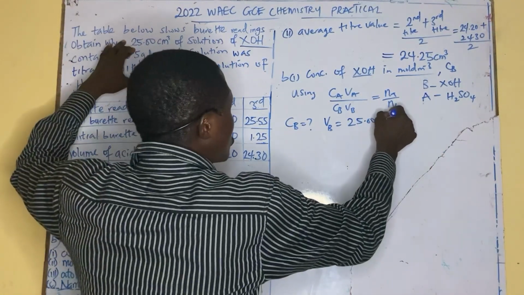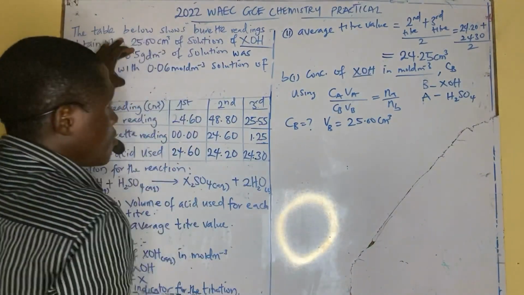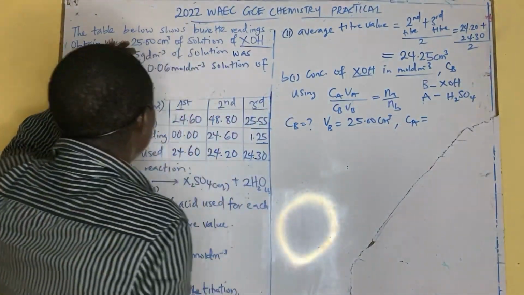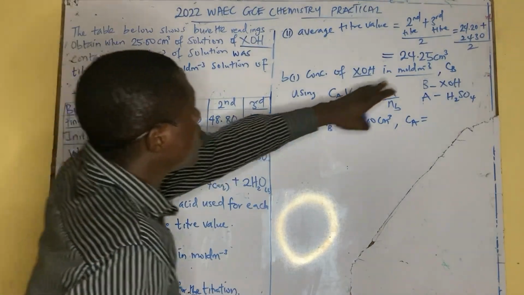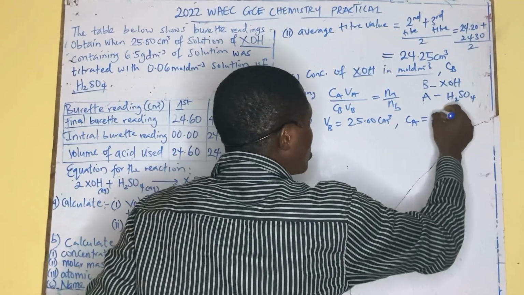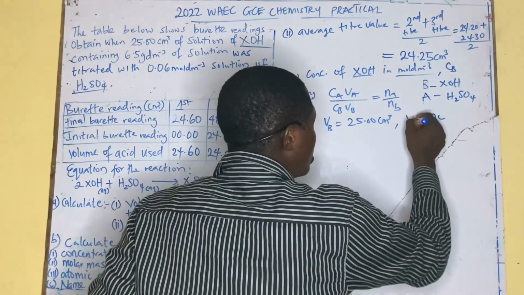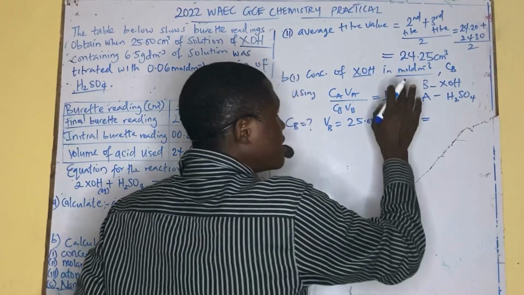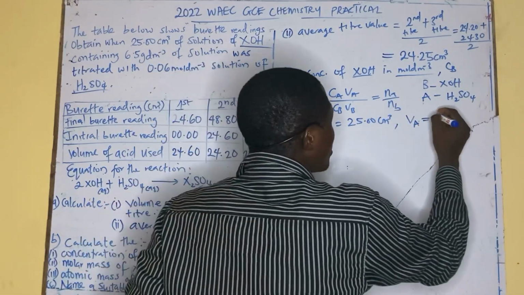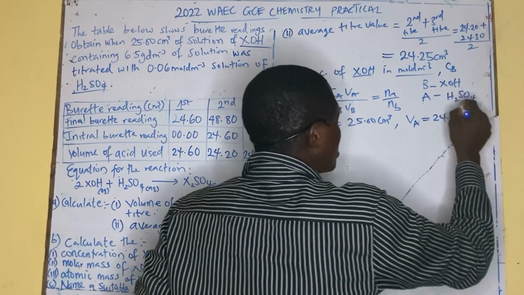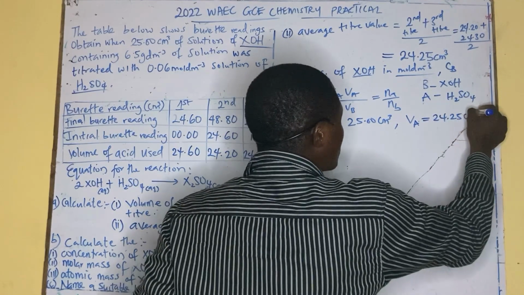25.00 centimeter cube. Your VA is your average titer value, which is 24.25 centimeter cube.